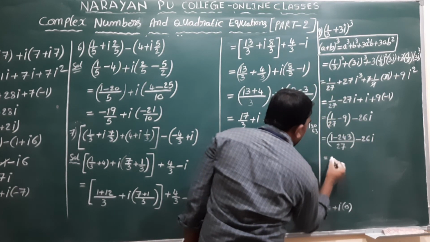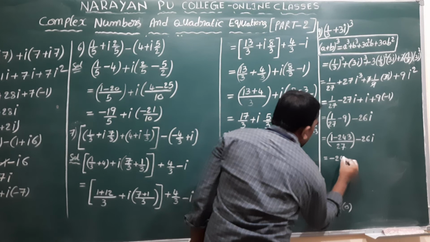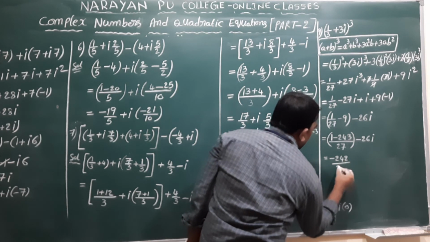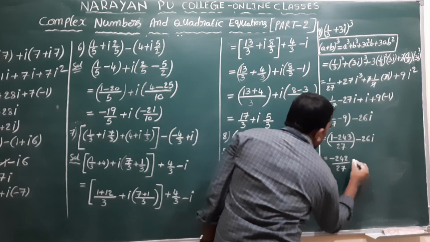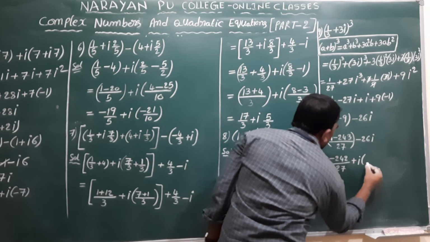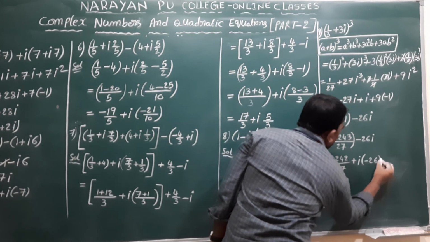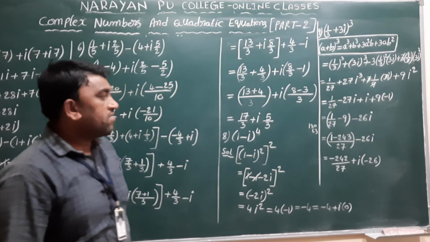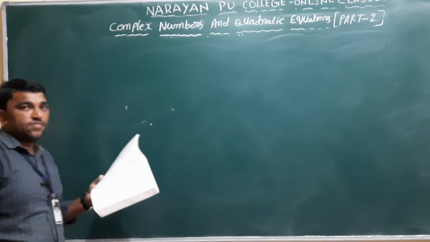So 1 minus 243 is minus 242 divided by 27, plus i into minus 26. That is the value of a plus ib.